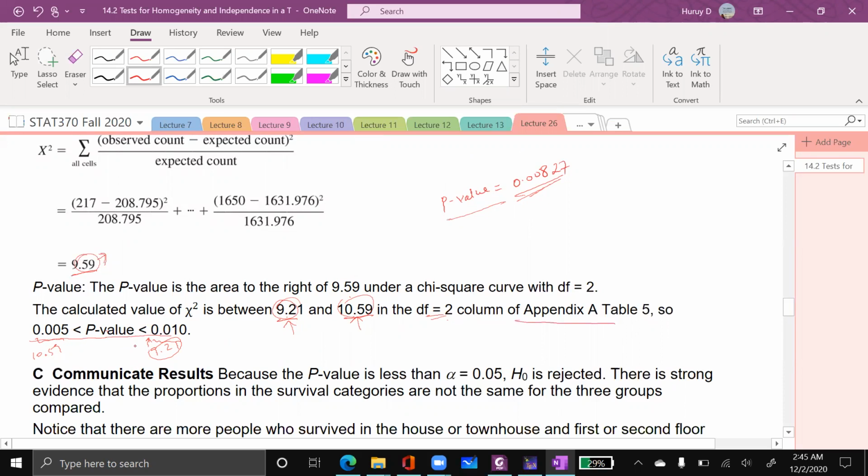Because what you need in order to decide is just how small the p-value is. No one is going to ask you the exact value.